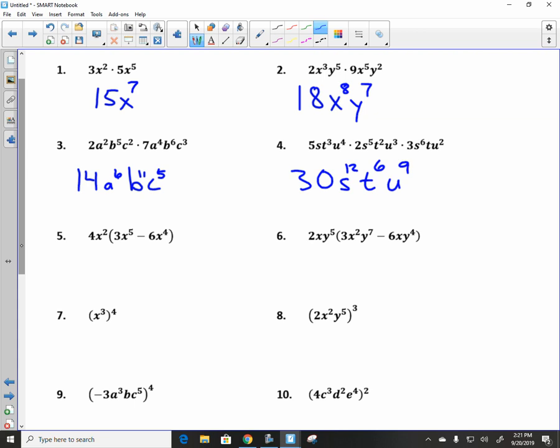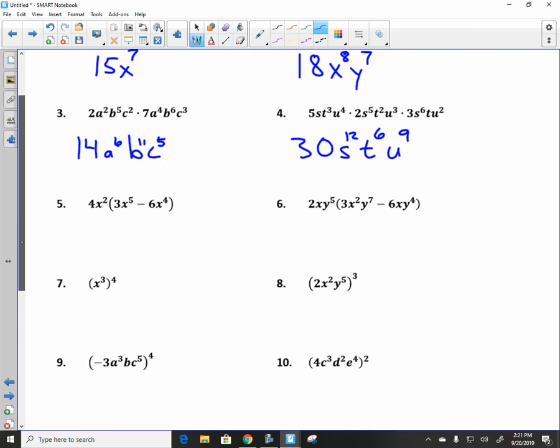For number 3, I've got 14, a to the 6th, b to the 11th, c to the 5th. And for 4, I've got 30, s to the 12th, t to the 6th, and u to the 9th. We okay there? Did I make a mistake? Okay, what's different about number 5?